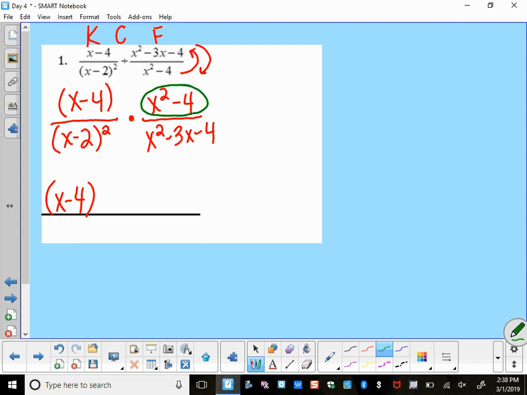The second one here, x squared minus 4. I can DOSE this. If I DOSE it, I need double parentheses, opposite signs, and I take the square root of each term. What's the square root of x squared? Just x. And the square root of 4 is 2.